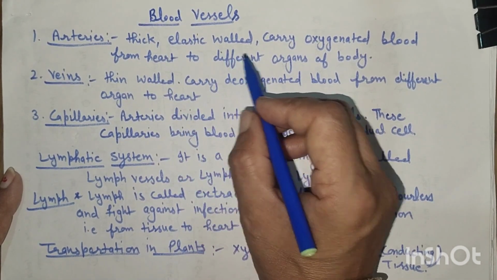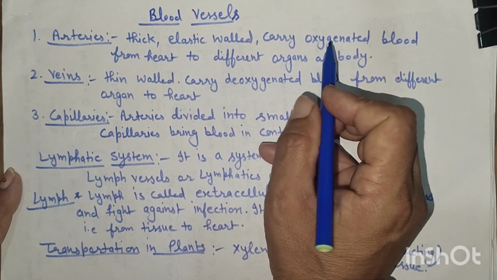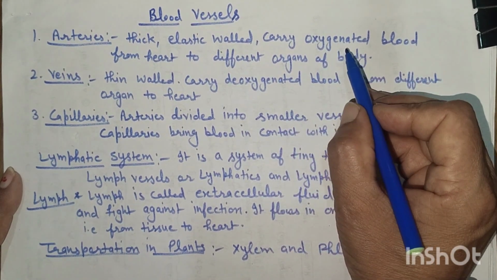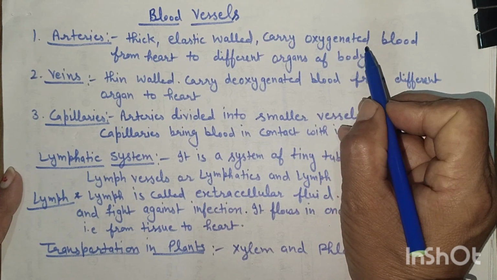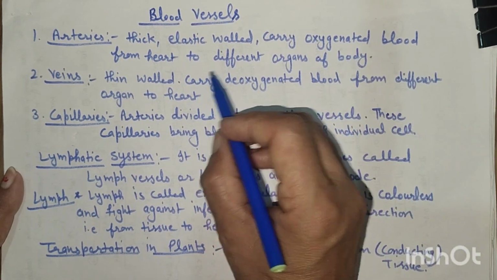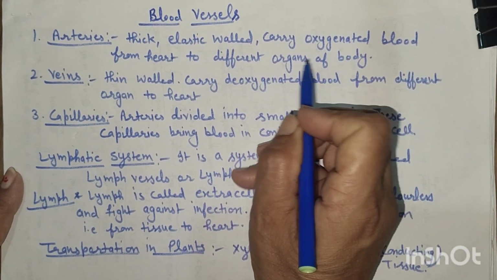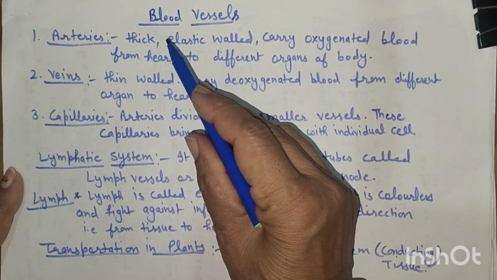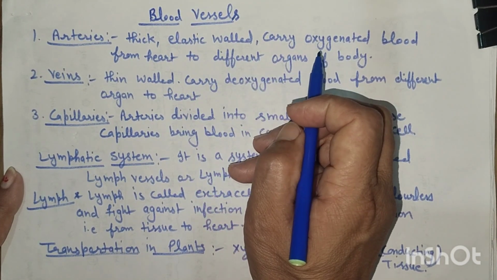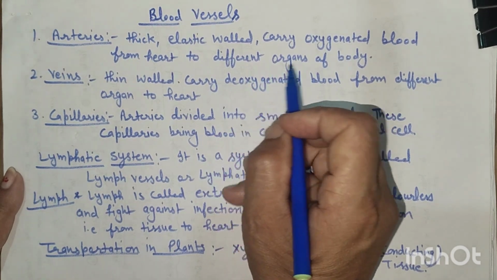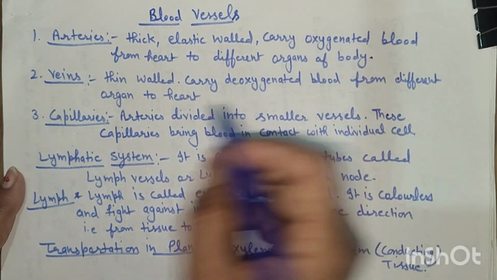They carry oxygenated blood, meaning oxygen-mixed blood, from the heart to the different organs of the body. Aorta is the largest artery.